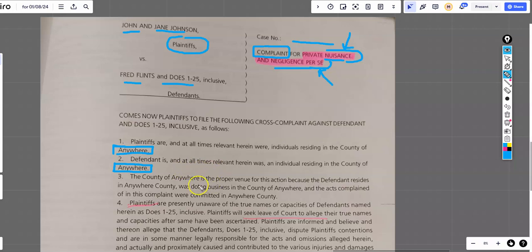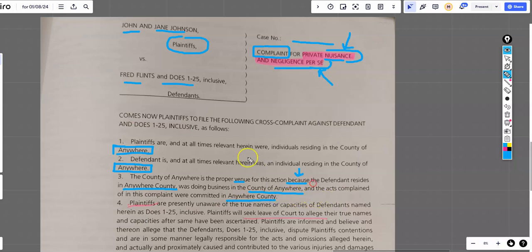Now, the county of Anywhere is the proper venue for this action because we always want to do our legal writing always intertwining the word because. Because the defendant resides in Anywhere County, was doing business in the county of Anywhere, and the acts complained of in this complaint were committed in Anywhere County. Whenever you see Anywhere County here, this is just a sample, you're going to input the specific county.